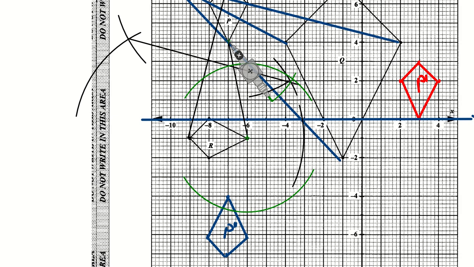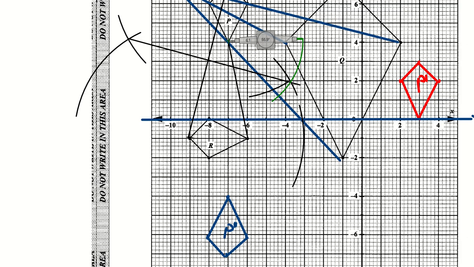One second there, guys. I'll need to do over that. So you take your pointy part, you draw an arc.